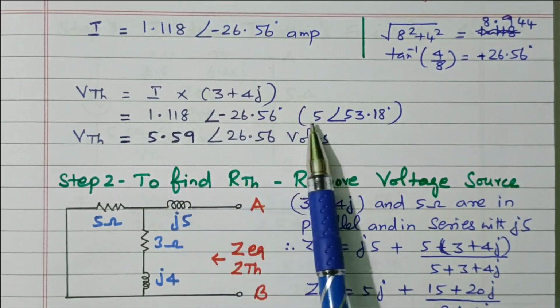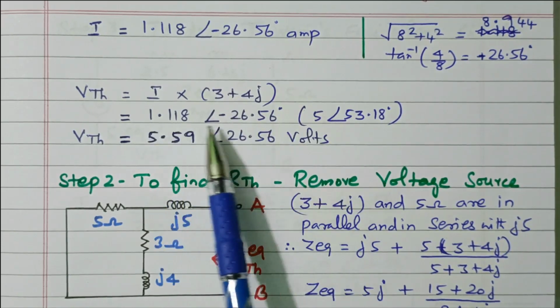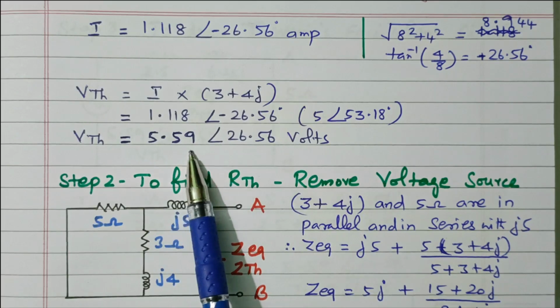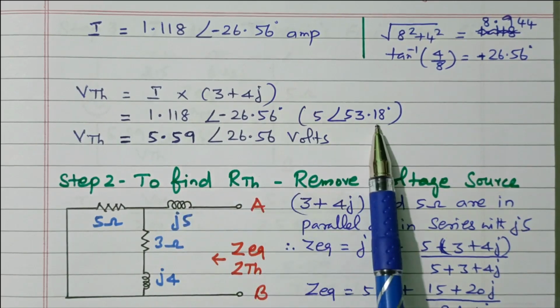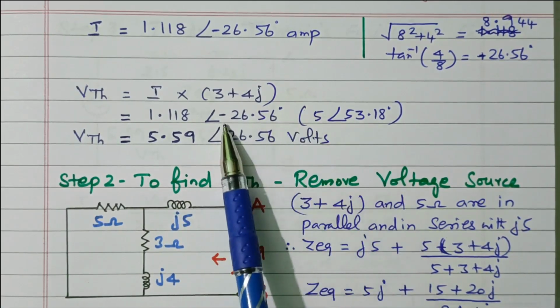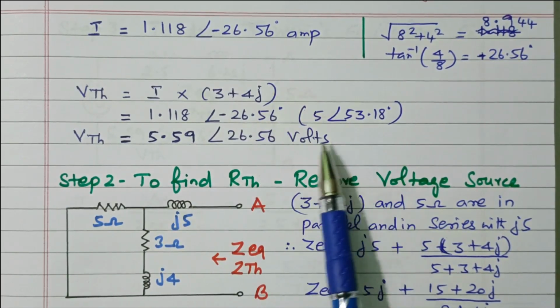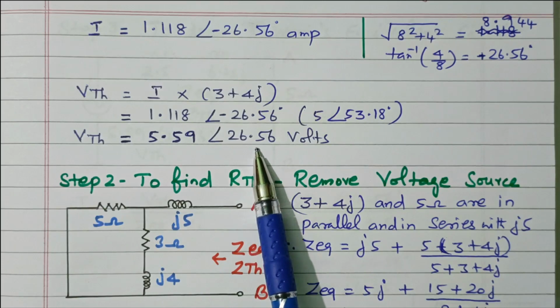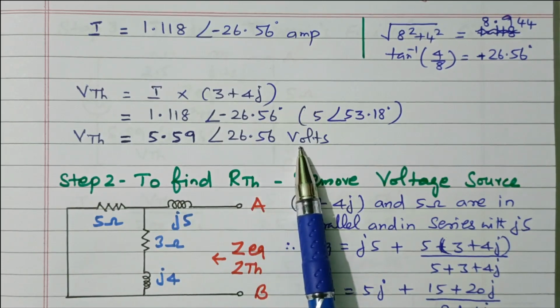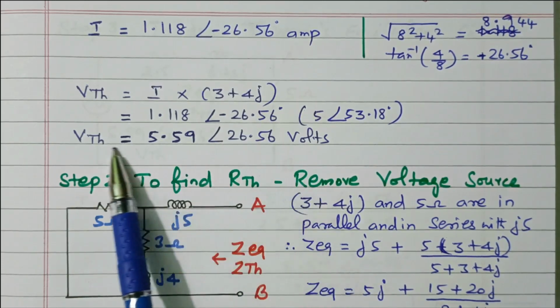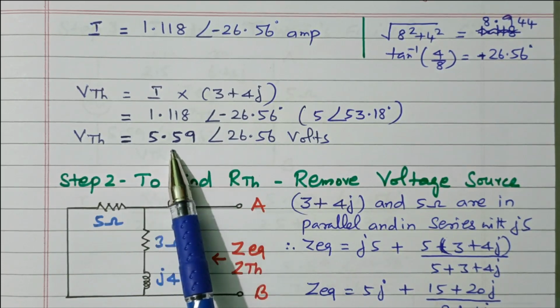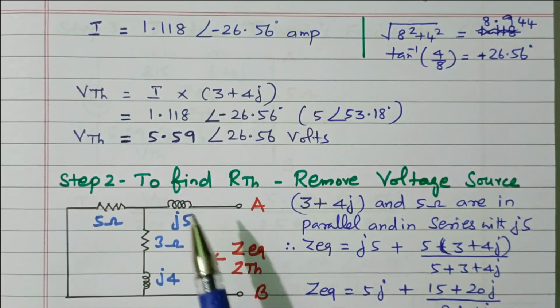Now we multiply 1.118 into 5, which is 5.59. When multiplying, the angles are added: minus 26.56 plus 53.18 gives 26.56 degrees. So this is the Thevenin voltage: 5.59 with an angle 26.56 volts.